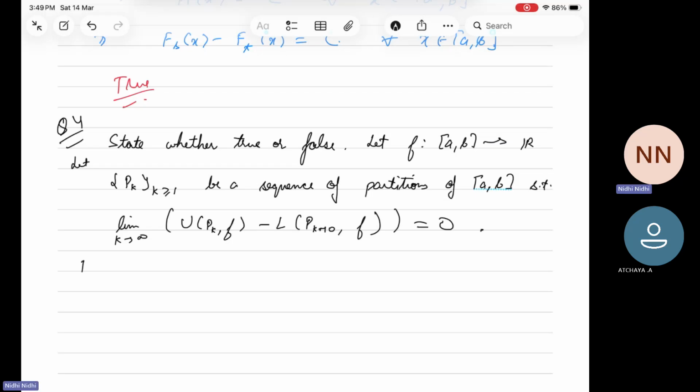Then they're saying that in this case f is Riemann integrable.